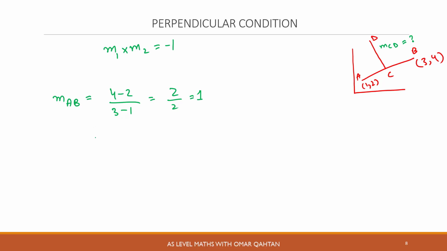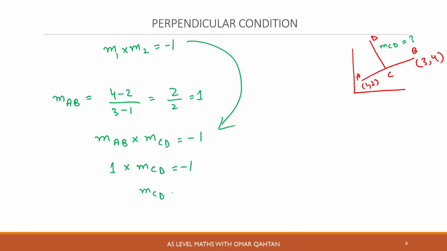We will substitute this value of M of AB, which is 1, into M of AB times M of CD equals minus 1, and we can find the gradient of line CD just by shifting this to the right side, and it will become minus 1. So the gradient of the line CD is minus 1.